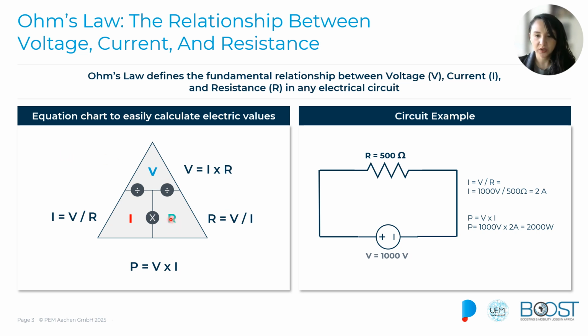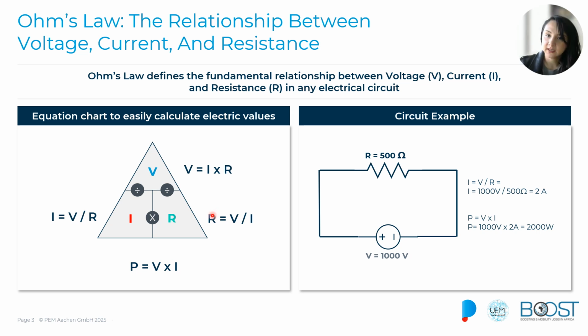In our case, we cover the resistance. After doing that, the remaining formula is that the resistance is equal to the voltage divided by the current. And in that way, we can solve the circuit.